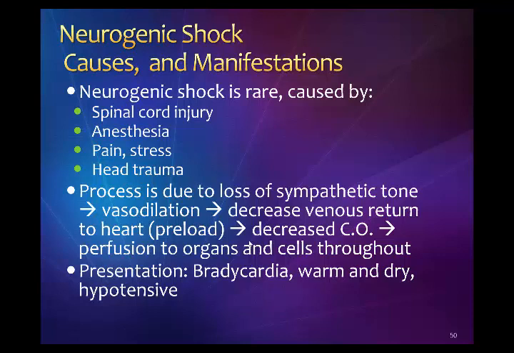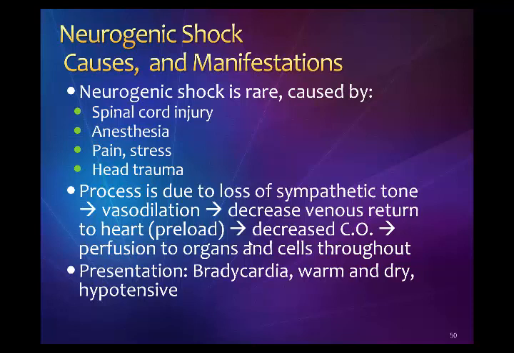So we'll start with the one that is probably the least common. There's not a lot to know about this, and it's pretty rare, and that is neurogenic. So neurogenic occurs when a patient loses the sympathetic tone, and that results in vasodilatation, and then the heart's not getting what it needs, and then there's not perfusion to the organs.